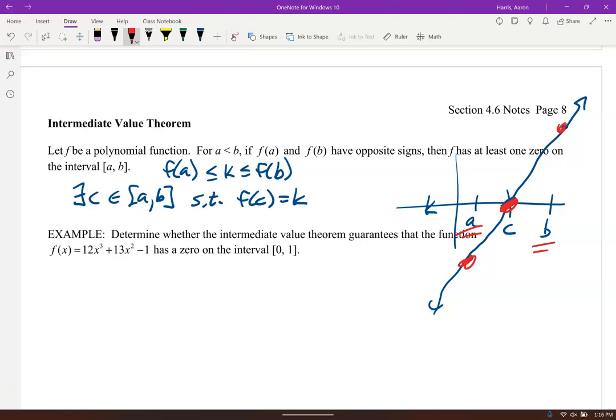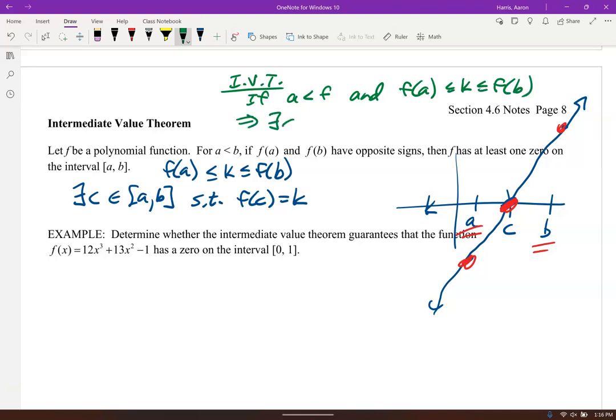But formally stated, another way to say the intermediate value theorem is if you have A less than B and there's some k between them, then there exists a c in between A and B such that f of c actually equals k.